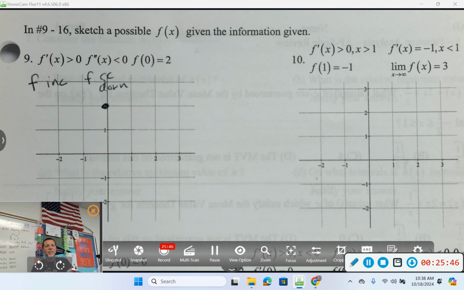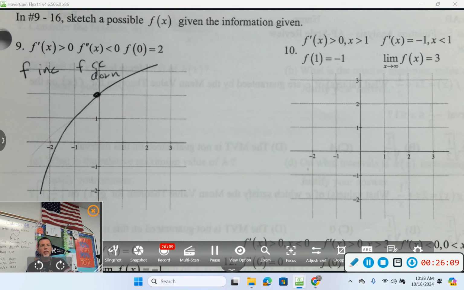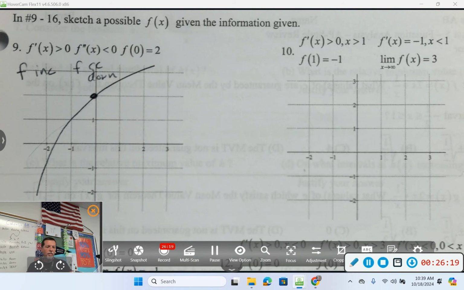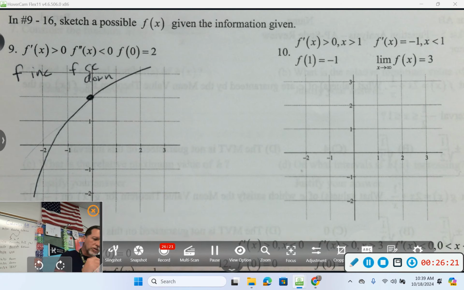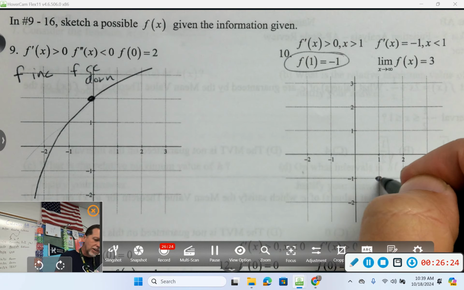But you can't ever make the full turn because it's always increasing. So you read what's given, you interpret it in terms of f, and then you translate to the graph. And usually the best way to go is to start with the points. F of 1 is negative 1. That kind of anchors your graph, and then you can adjust from there.